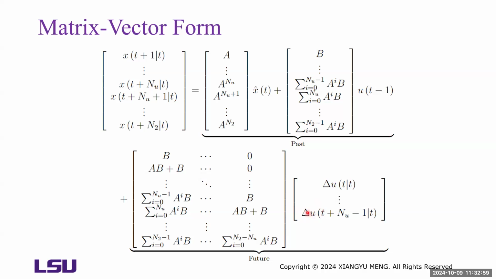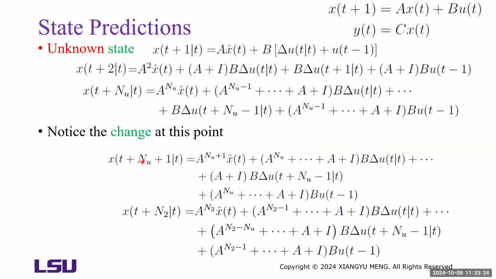Then since delta u t has the same coefficient as u t minus 1, we have I from 0 to nu minus 1, a to the I times b, with the degree of a reduced by 1 until the last one, b. Then for k greater than nu, it will be something like this. Again, here will be 1 degree less than this k.